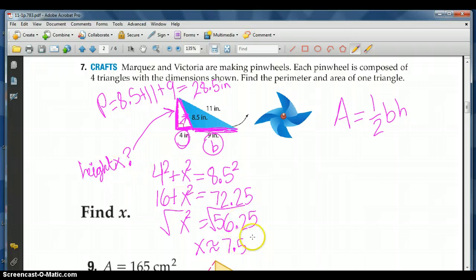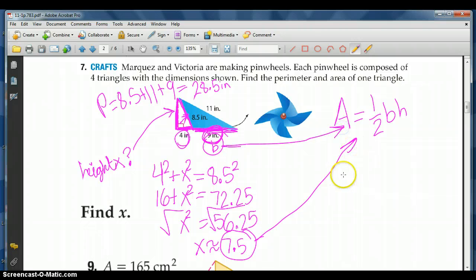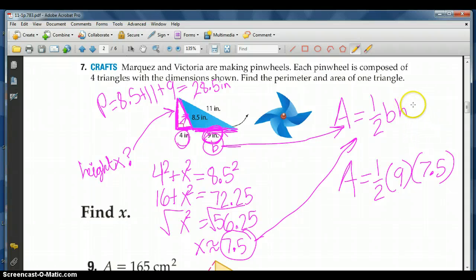So if our height is 7.5 and our base is 9, we can substitute those into our area formula to get the area. So the area is half of 9 times 7.5. So our area would be approximately 33.8 square inches.